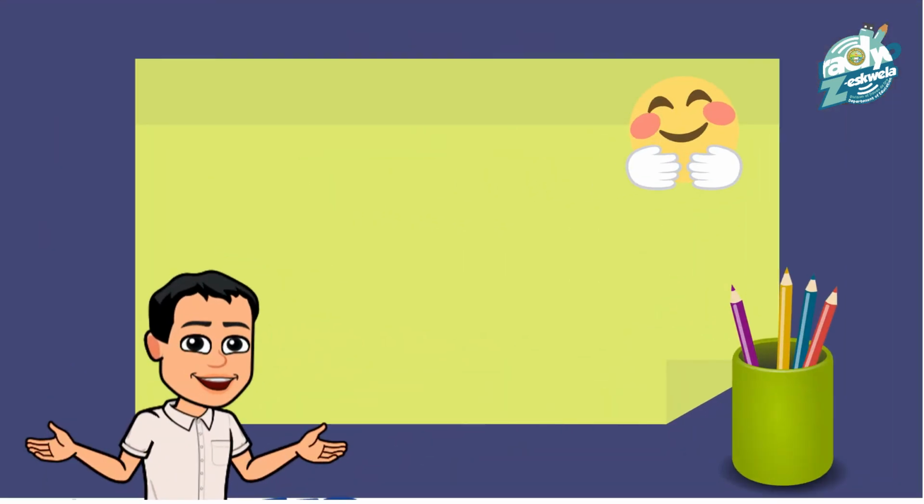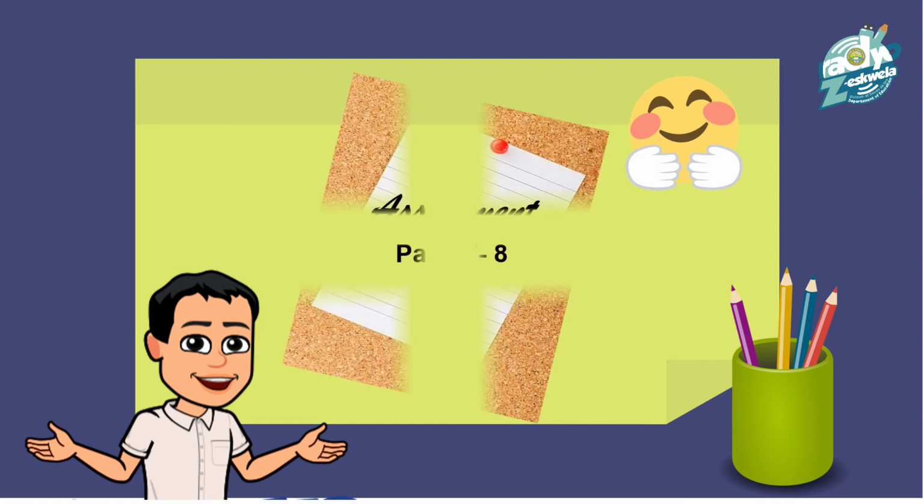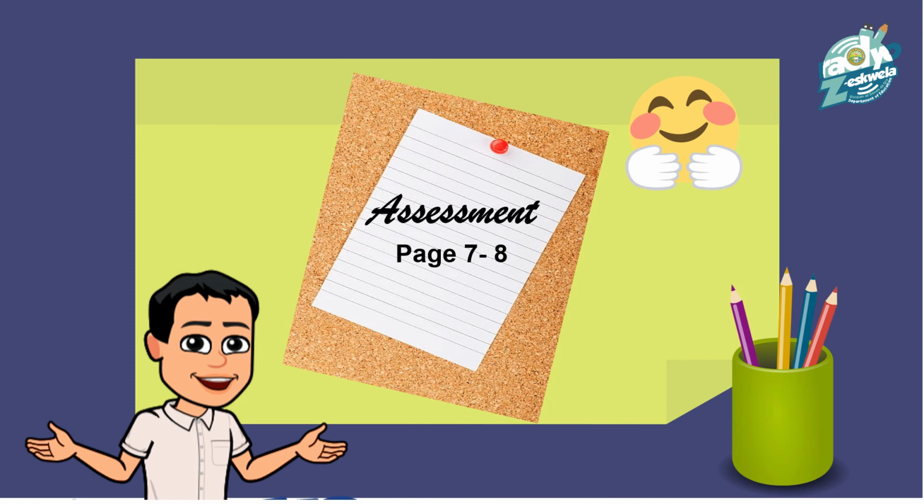After answering What I Can Do, you can continue answering the assessment on pages 7 to 8 and answer the questions from 1 to 10. Make sure that you use a separate sheet of paper for your answers, read the directions carefully, and submit it to your teacher advisor once you are through.